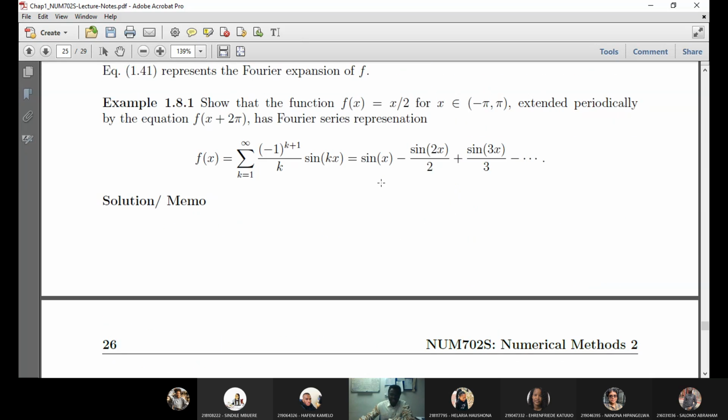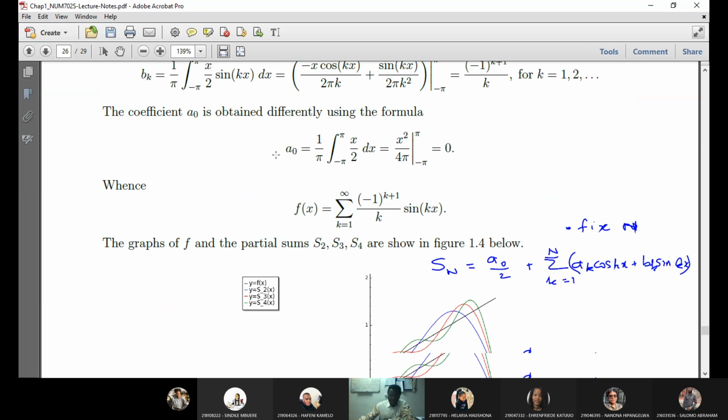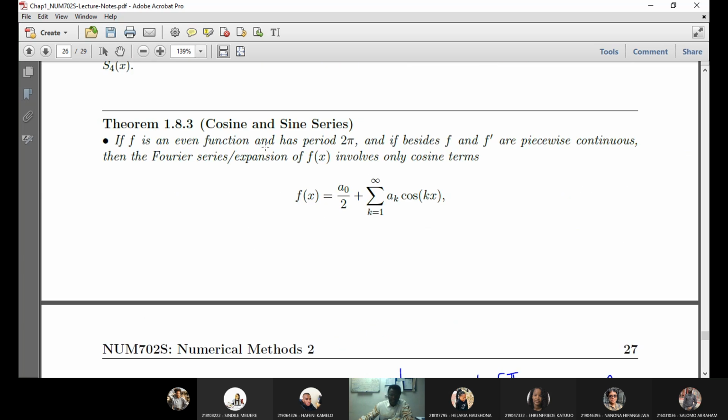I gave you a hint yesterday. I explained that if the function is odd or even or whatsoever, then some of the coefficients will be 0. So this theorem will give us a precise idea when the expansion will be only in terms of cosine or only in terms of sine. So that is the theorem, cosine and sine series.